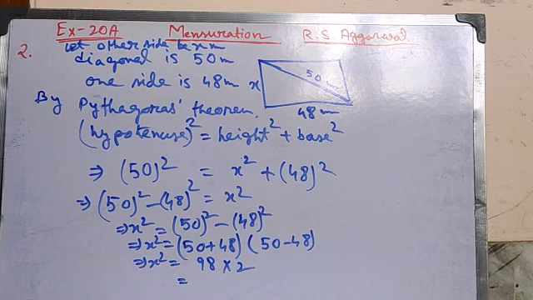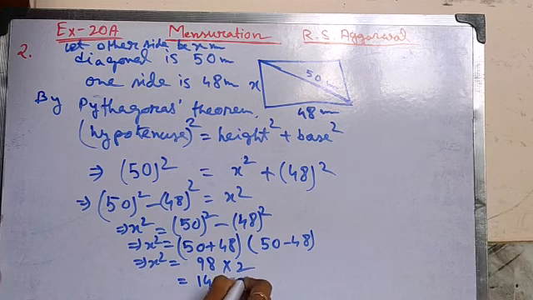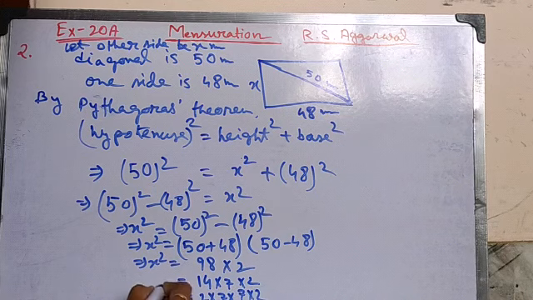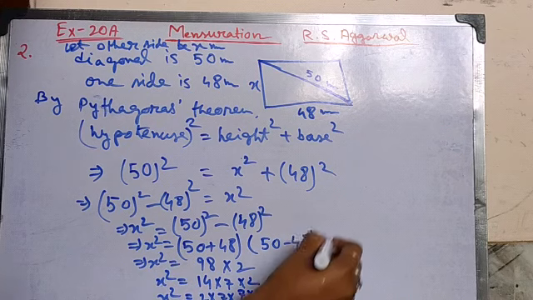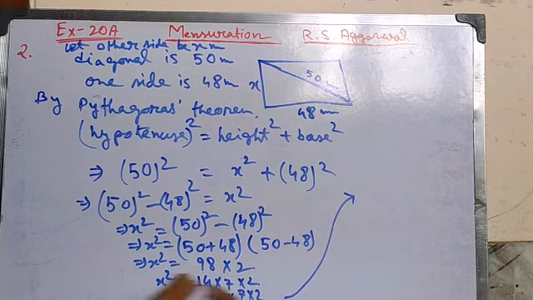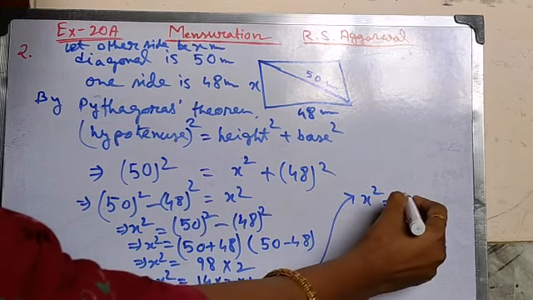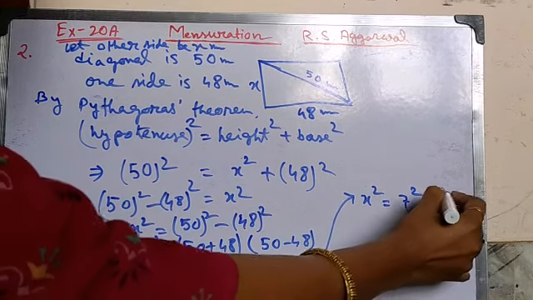So this 98 means 14 7s are 98. 14 into 7 into 2. 14 means 2 into 7, so 7 into 7 into 2 into 2. Now I am writing x square on this side. So x square equals 7 square into 2 square.